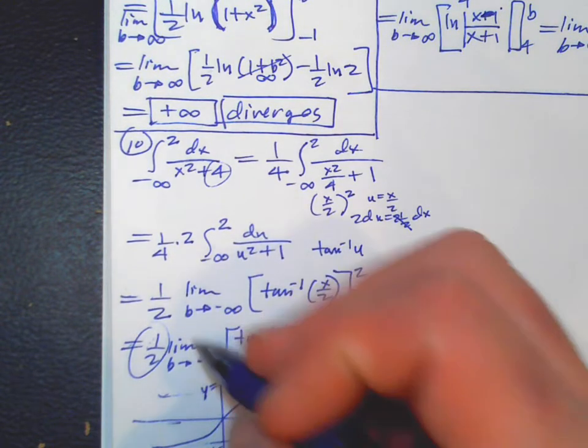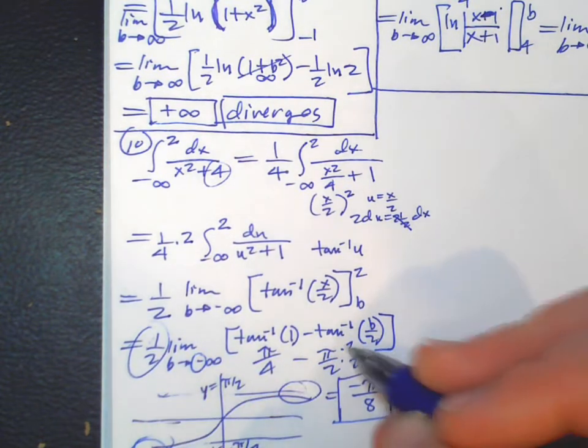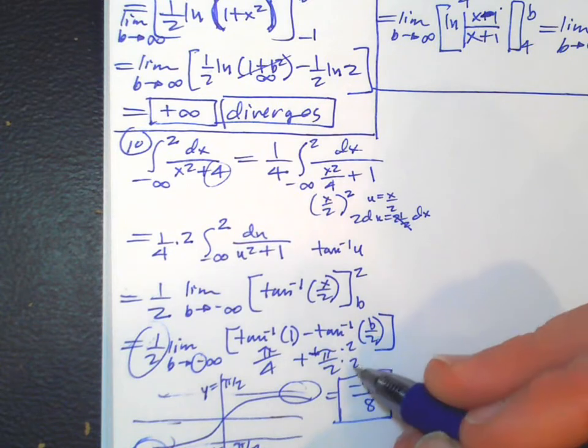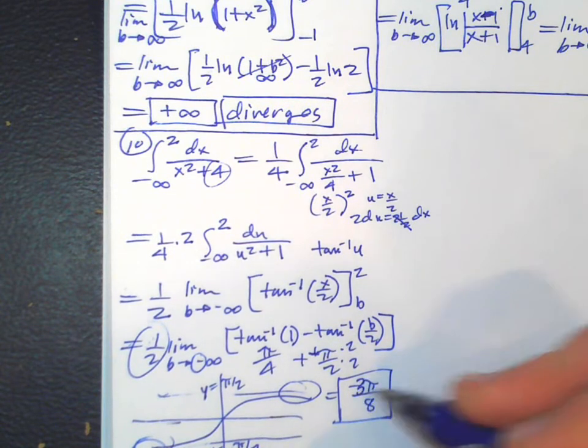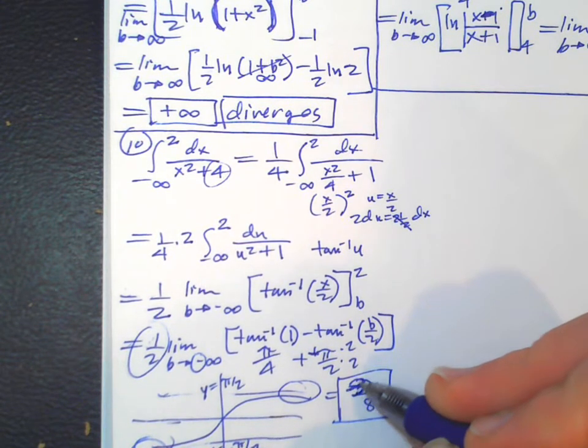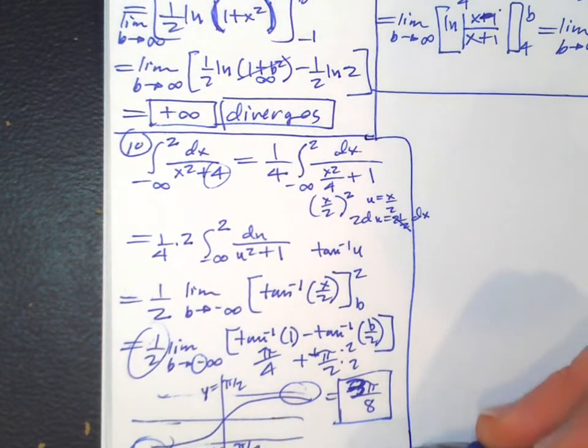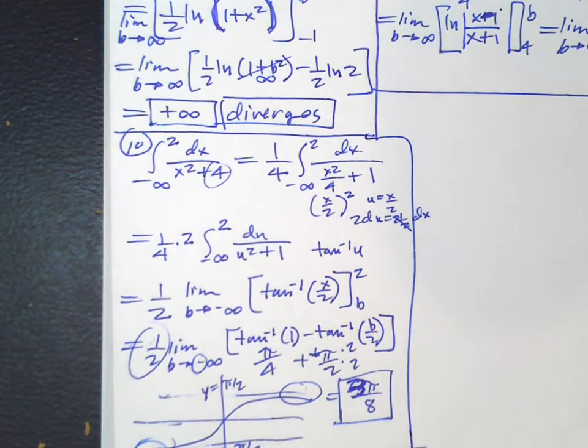We're going to negative infinity. So we're actually going to negative pi over 2. So as it becomes a plus, it's 3 pi over 4, 3 pi over 8, positive 3 pi over 8. There we go. Watch out for those little mistakes.